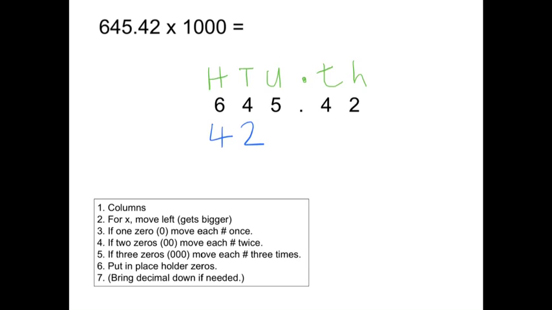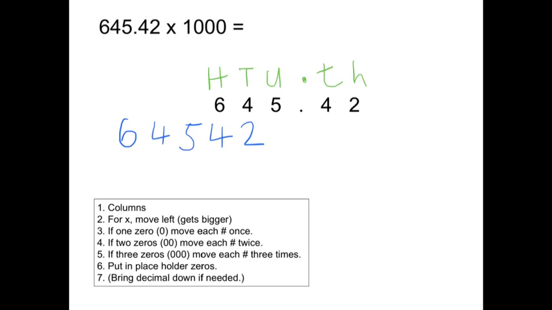Next, we've got the 5, bring it down. We don't need to miss the decimal this time, so we'll just count left 3 times. 1, 2, 3. So the 5 goes there. And you know what? I can just put the rest in knowing what I can see on the rest of the columns.